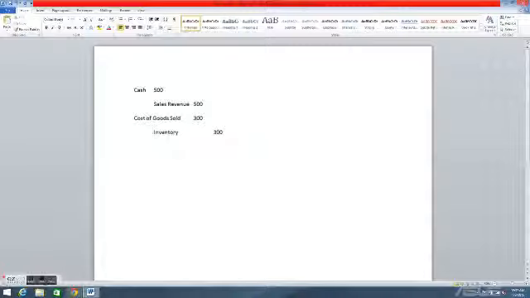Now the next journal entry I'd like to show is if there was a sales return or an allowance allowed on the product. Now an allowance is when a consumer gets some money back for the good because some aspects of the good are defective. So, when a good is returned or an allowance is allowed on it, there's a debit to an account called sales returns and allowances.